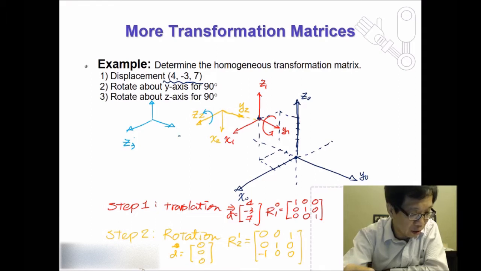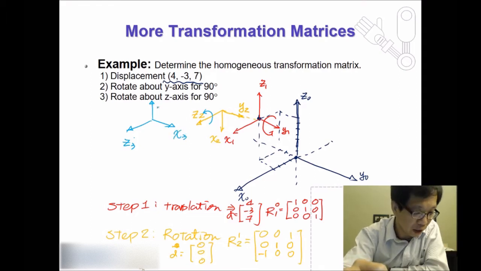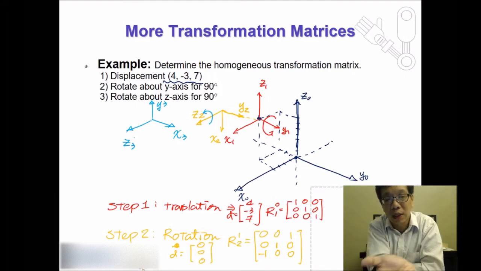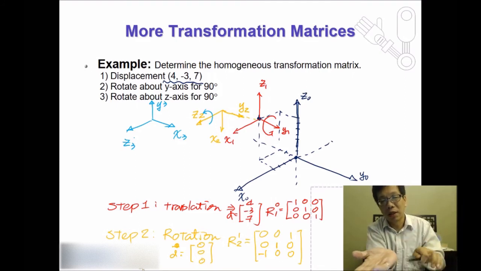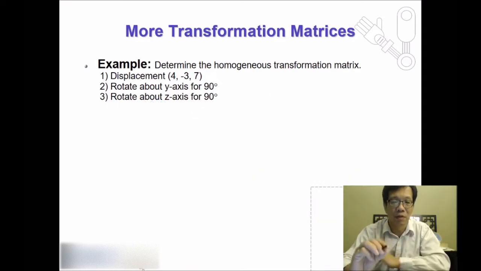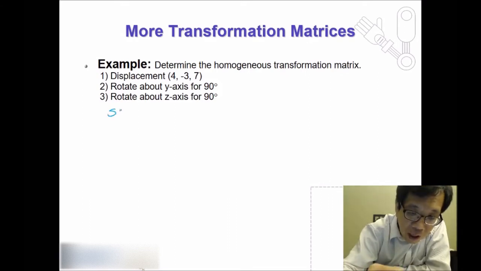So x2, x3 become this direction, and y3 becomes this direction, which makes sense, right? Because we are rotated everything for about 90 degrees, so it's going to be rotated from this direction into this direction. But how are we going to define our d and our r?